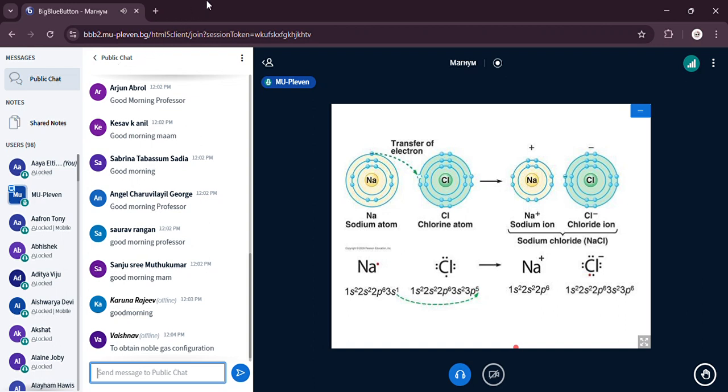Schemes also. What can we say about the number of valence electrons of metals? Usually, they contain small numbers of valence electrons, from 1 to 3.